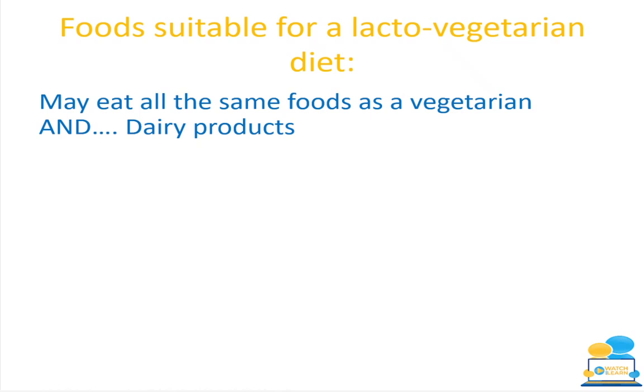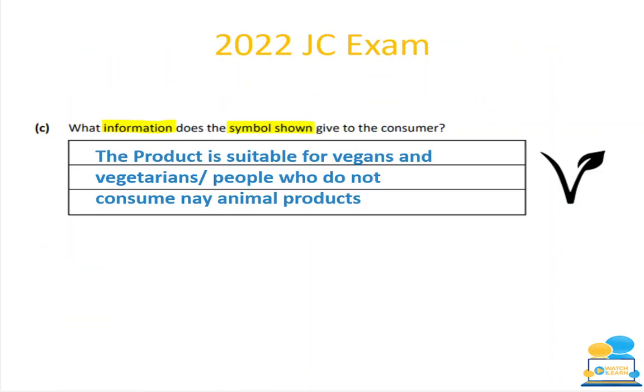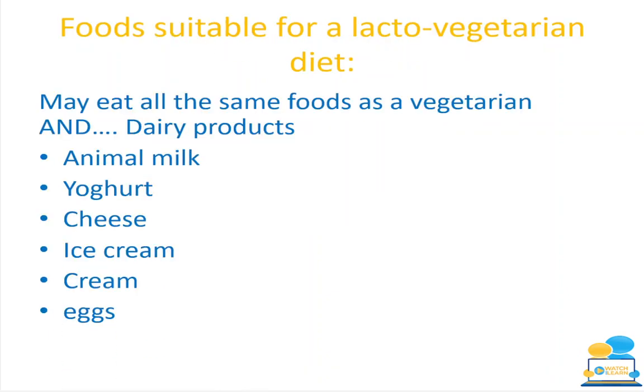They may eat all the same foods as a vegetarian, plus your dairy products, okay? So you're thinking of animal milk, yogurt, cheese, ice cream, cream, eggs, and custard. These are the types of things you're thinking of, and you need to be able to distinguish between lacto-vegetarianism, vegetarianism, and veganism.